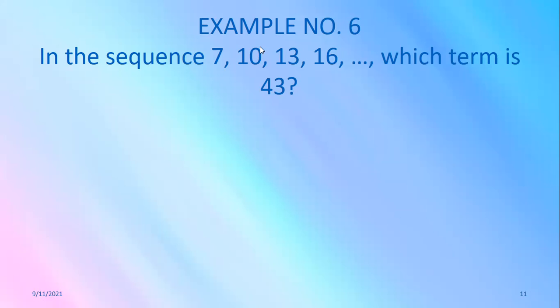So we will be able to use the same formula. We have a sub n again, which is equal to a sub 1 plus n minus 1 multiplied by d. Let's list down all the given parameters. Your a sub n, which is your last term, is equal to 43.